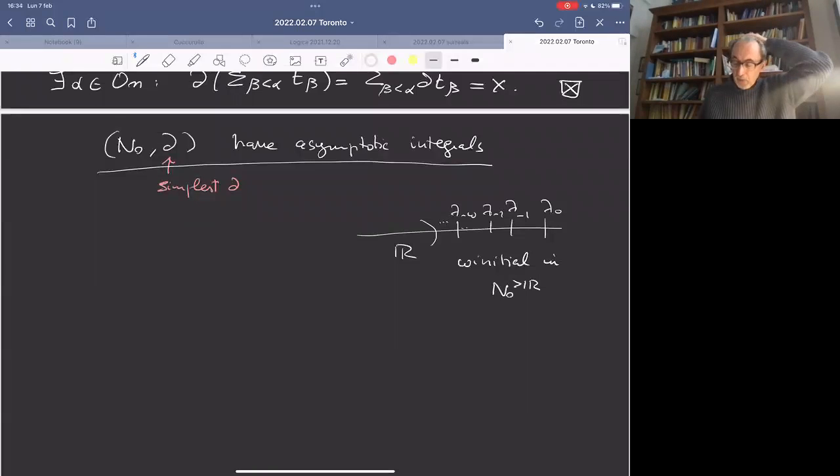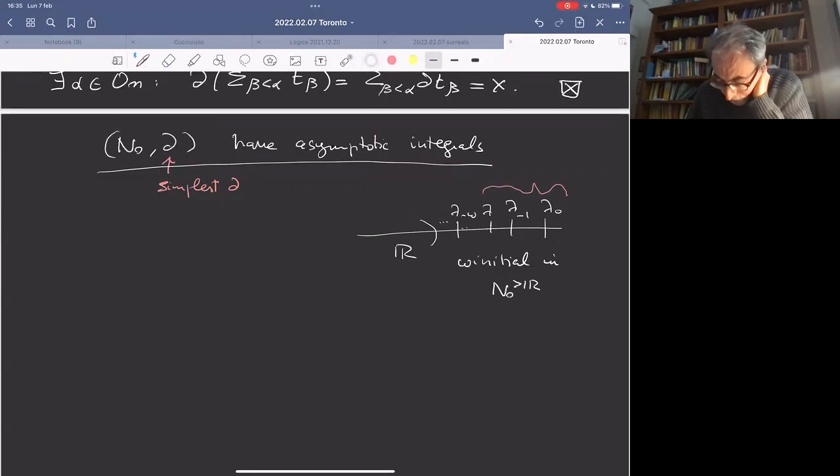Okay, the idea is the following. You have lambda 0, lambda minus 1, lambda minus 2, and so on, which are just log omega, log log omega, and so on. And they all have integrals.